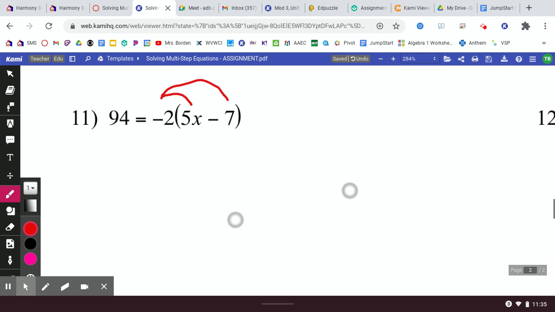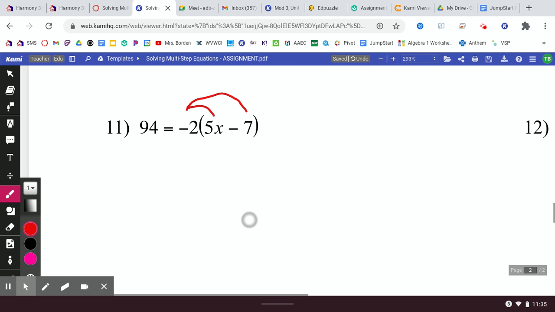Number 11. Well, it's kind of weird looking, but anytime you have a number touching a parenthesis, it means multiplication. So we're going to multiply, or we're going to distribute, multiply. Those are kind of interchangeable. We're going to multiply -2 to everything inside the parentheses.